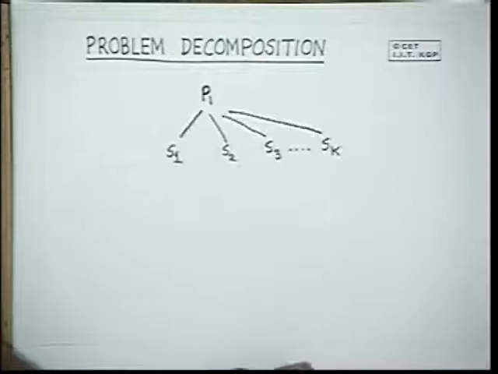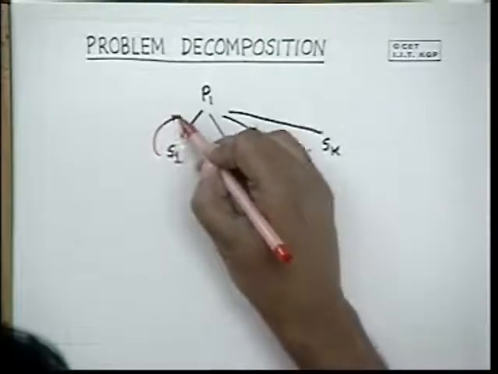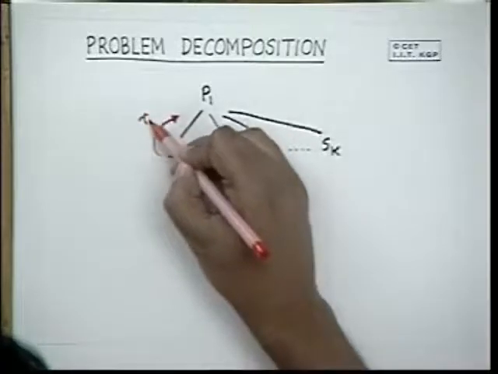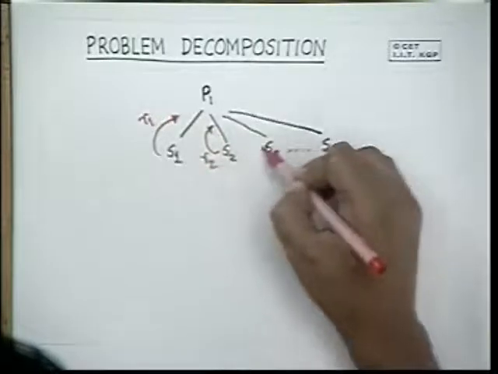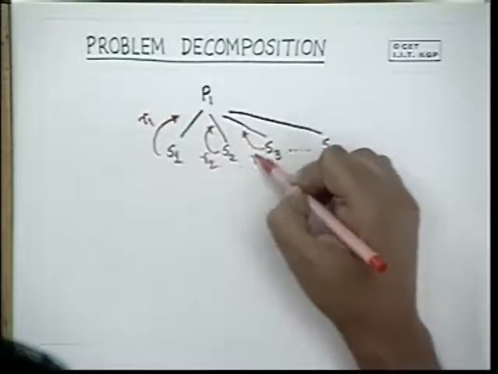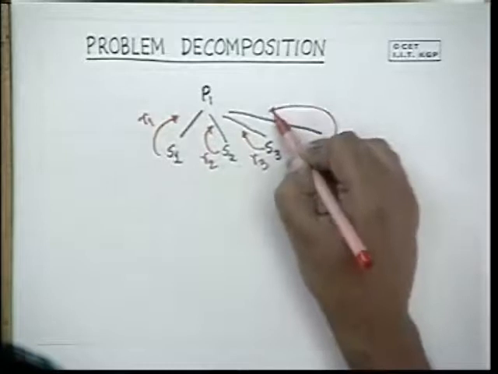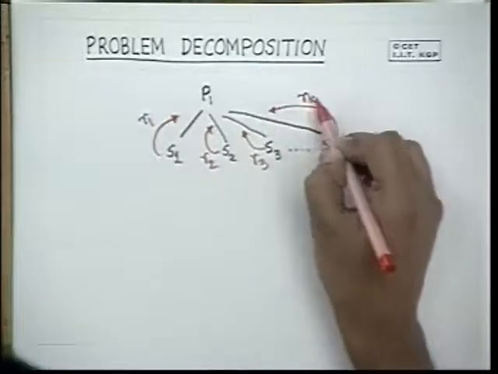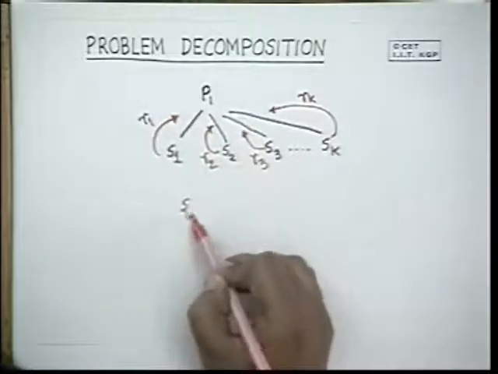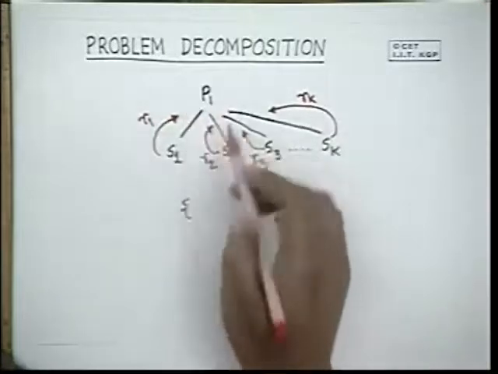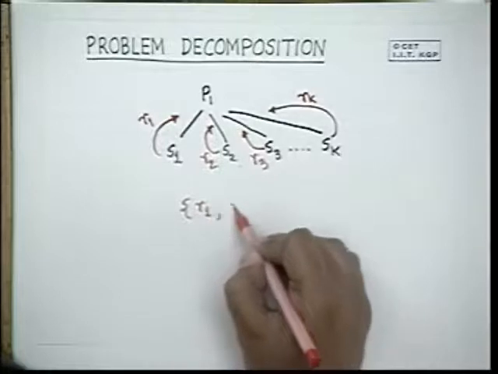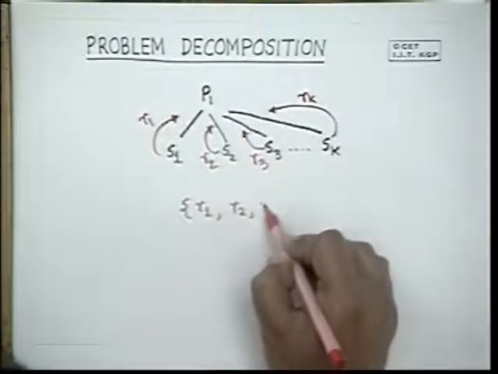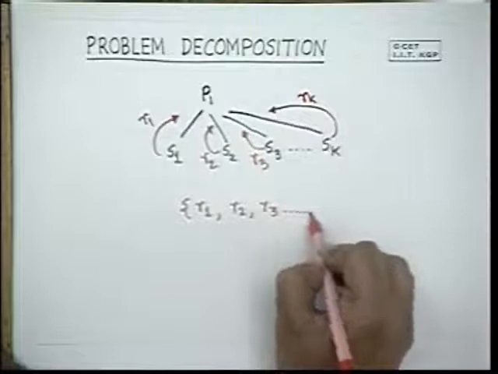Now each of these sub-problems, when solved, will give a solution back: result 1, result 2, result 3 and so on up to result k. So given a problem, we break it up into sub-problems, and these sub-problems provide us with results R1, R2, R3 and so on.